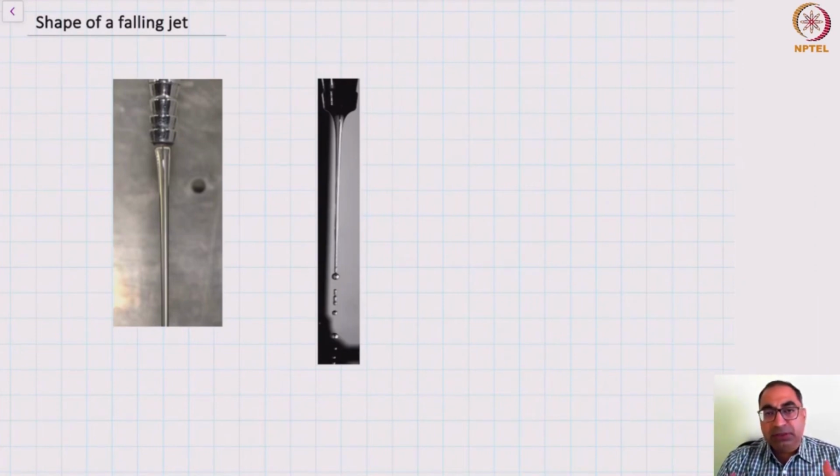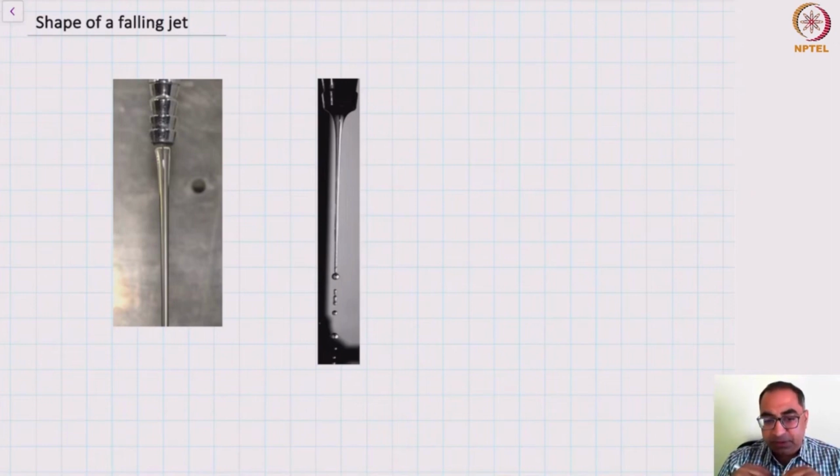The first guess that most of you can make is that it thins down because gravity is pulling it down. But at the same time, the radius of the jet is changing and therefore the curvature of the jet is also changing. We will basically determine the shape of this jet because of the following forces: inertia, surface tension and gravity.